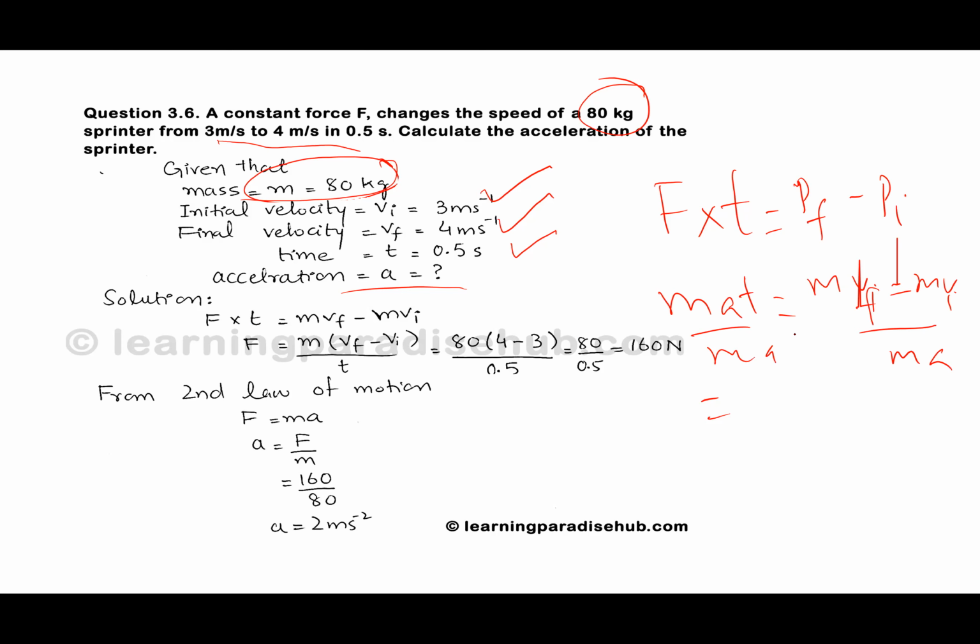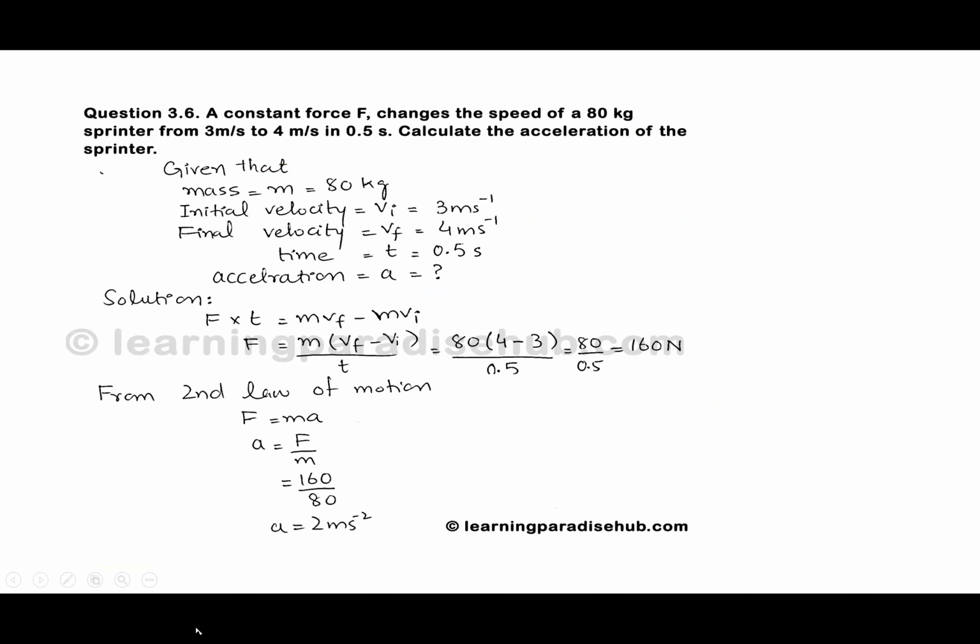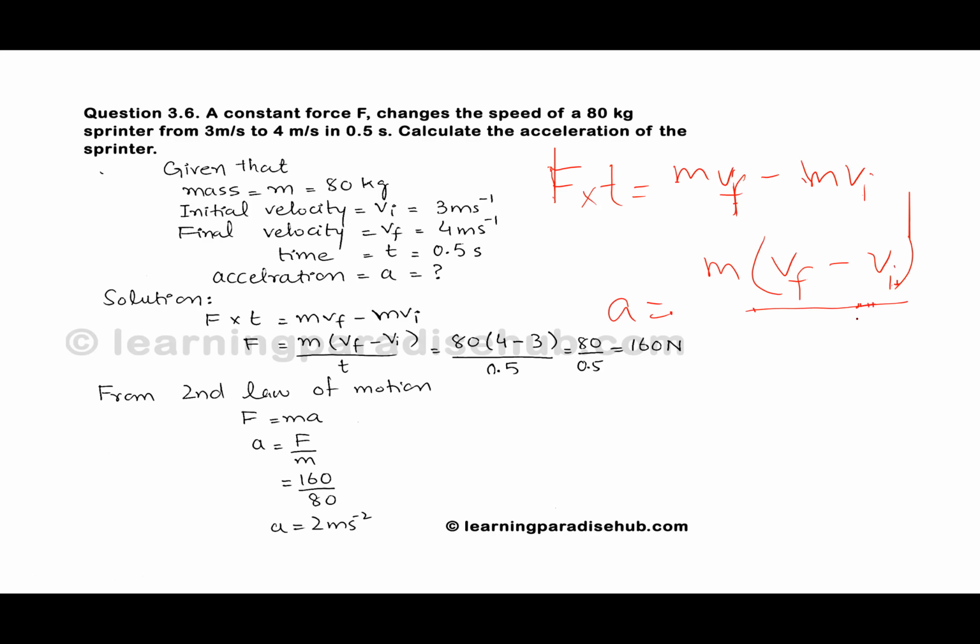I will do it again. Use the equation of impulse. Force times t is equal to mvf minus mvi. So a is equal to m(vf minus vi) divided by t and m.